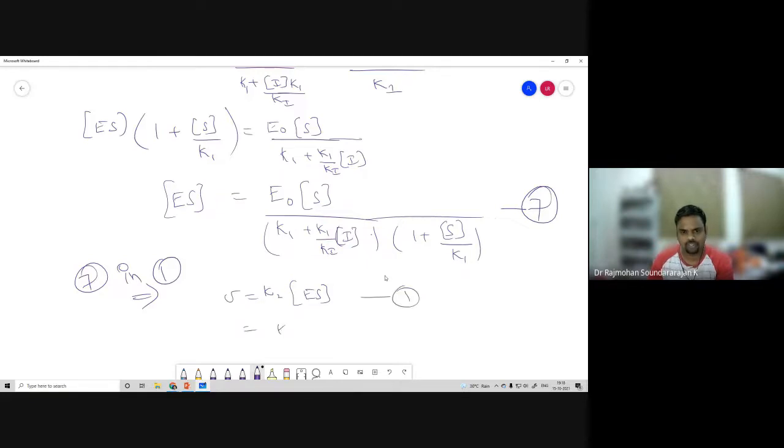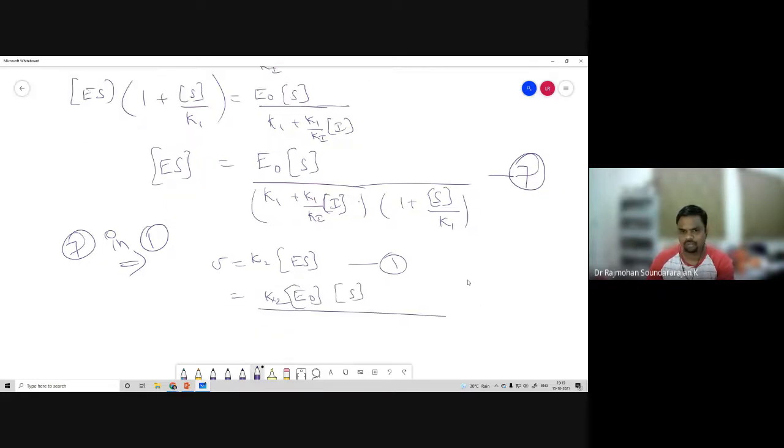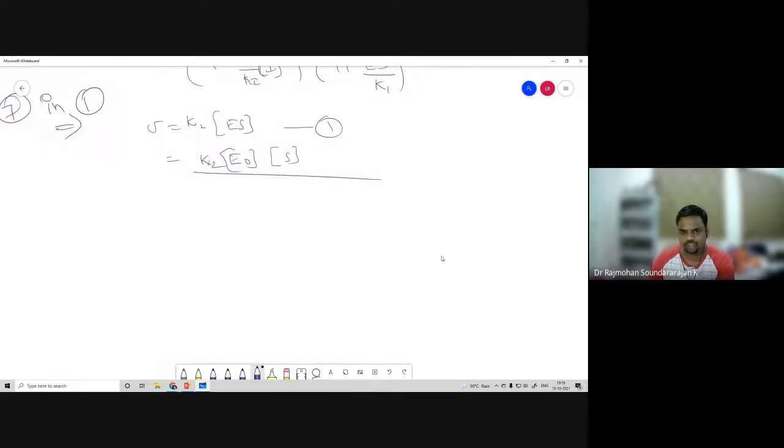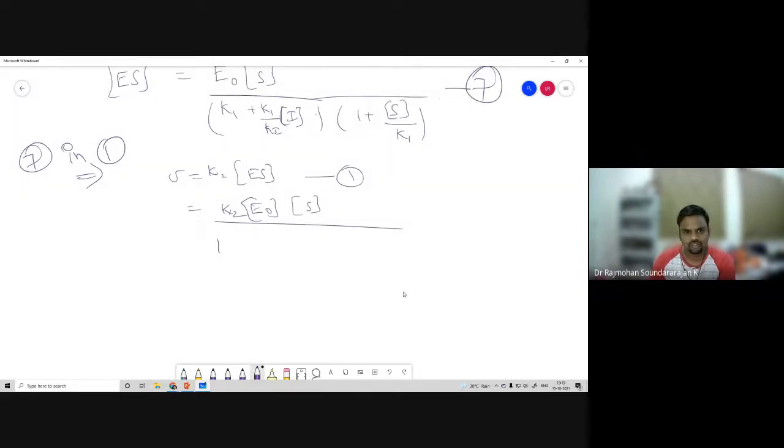If you multiply by small k2, because it is not a reversible reaction, no dissociation constant, then V equals k2 into E naught into S divided by this term totally, which is Ki plus Ki by Ki into concentration of I into 1 plus S by Ki. Okay. So this is what we have, V equal to this.